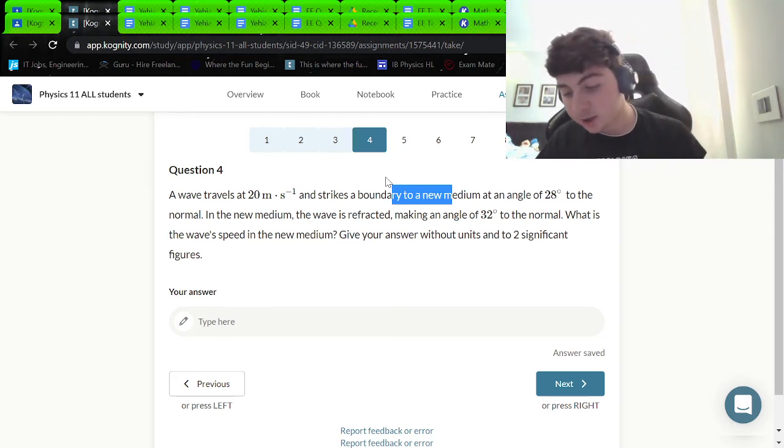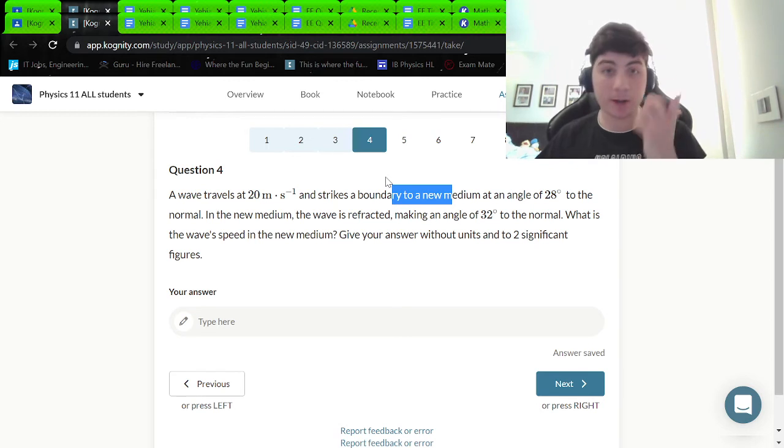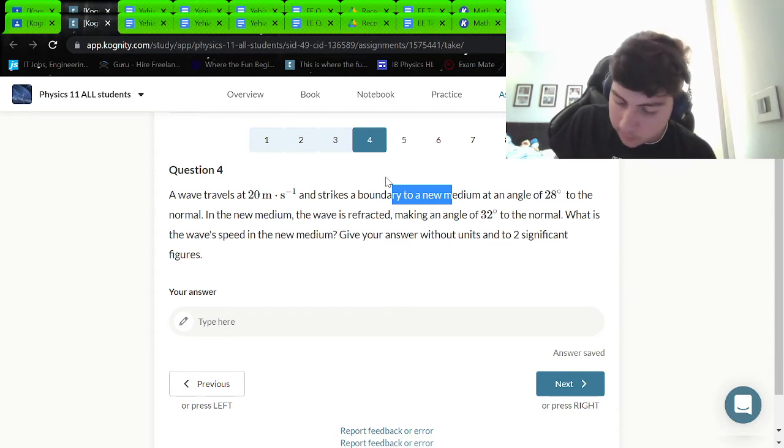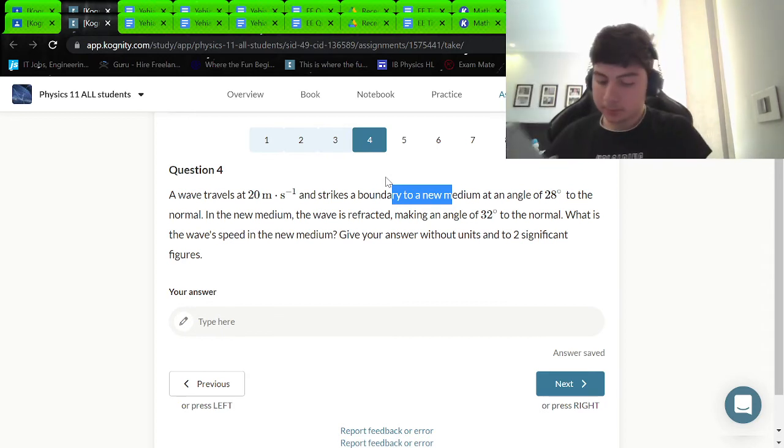Well, we have sine theta 2, we have sine theta 1, and we have v1, which is 20 meters per second. We don't have v2. And that's what it's asking for, v2. So we're going to do sine of 32 degrees over sine of 28 degrees equals v2 over 20. Awesome.